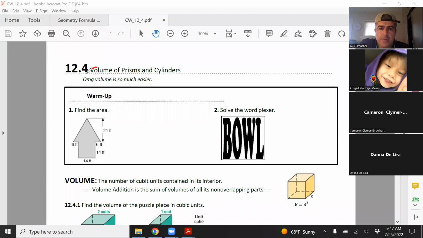So this one's on volume of prisms and cylinders. A prism is like a box, think of it that way, and a cylinder is kind of like a can. So first off, you're asked to find the area of this shape. Here's a little warm up. If you want, you could draw it, that could help. So you got a triangle.